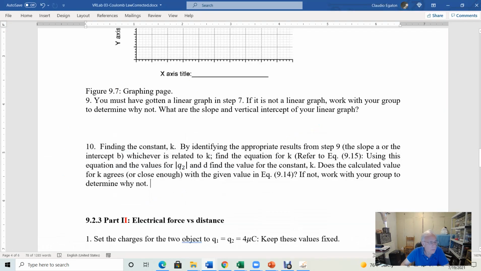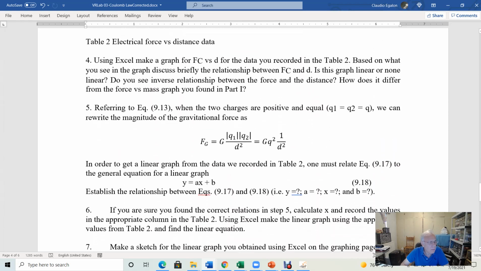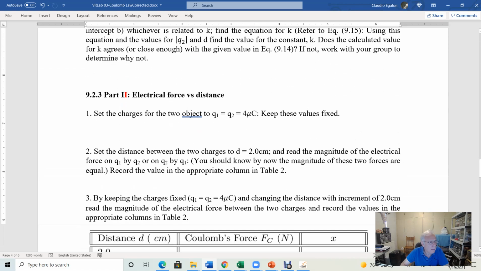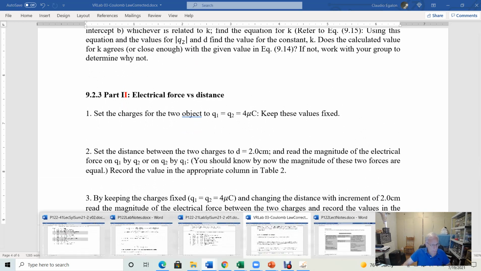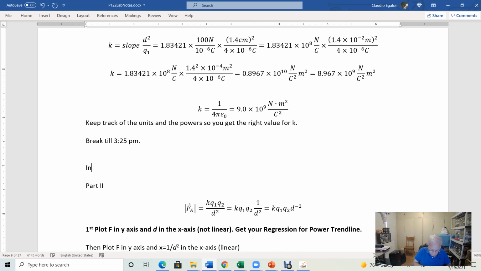Okay, we're done with the first part. And now we're going to do the second part. In the first part, let's document what we did there. Lab notes. In the first part, we varied the value of one of the charges and determined the force.